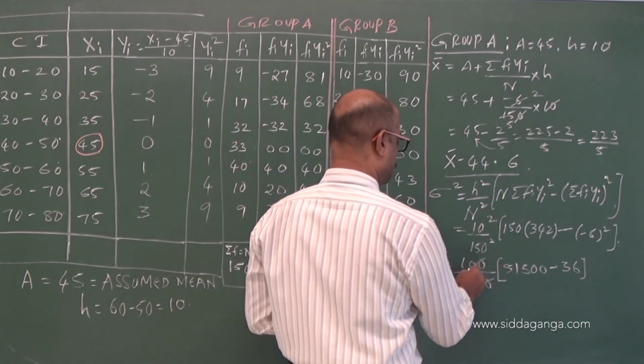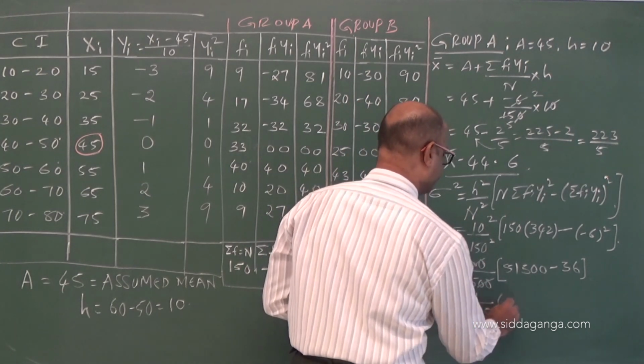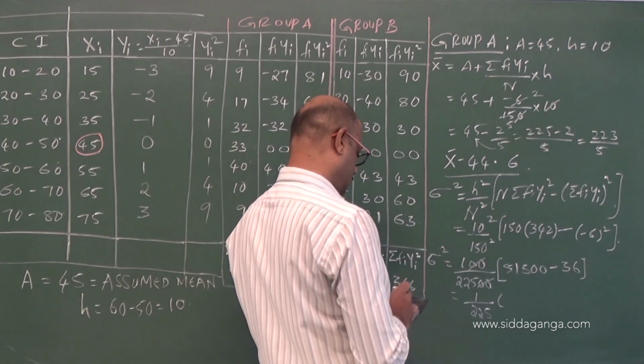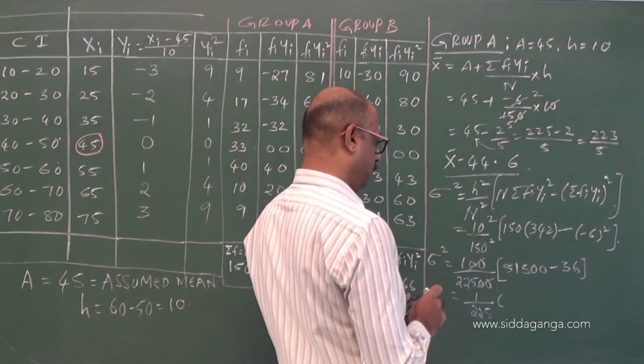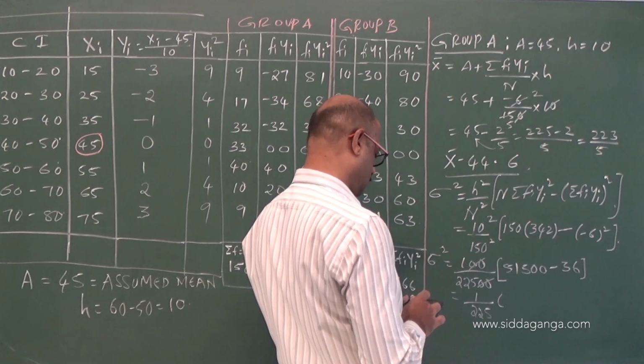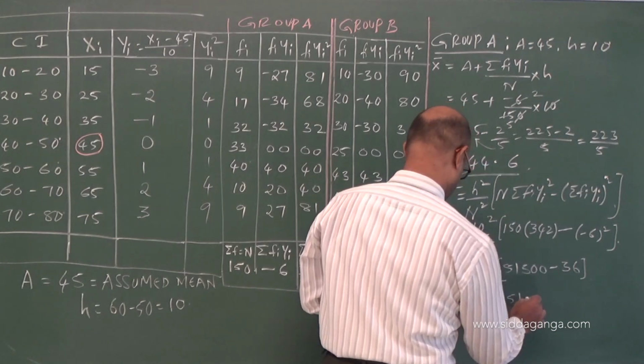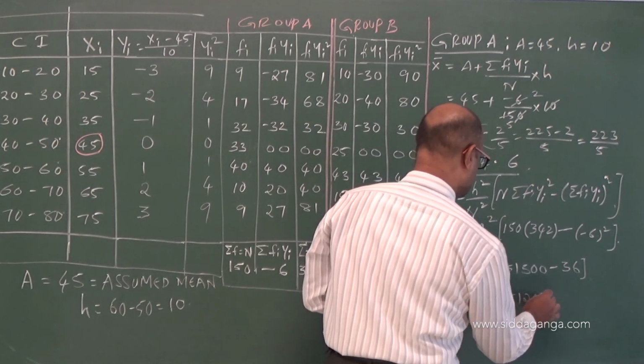So here the double zeros get cancelled, you will get 1 divided by 225 and 51,300 minus 36 is equal to 51,264.